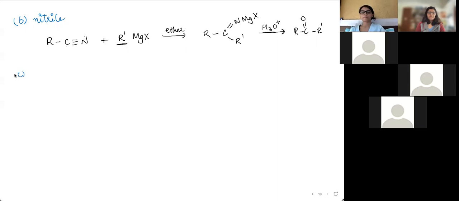And finally, for aromatic ketones. For aromatic ketones, you get it from benzene or substituted benzene, like toluene basically. So you start off with benzene.